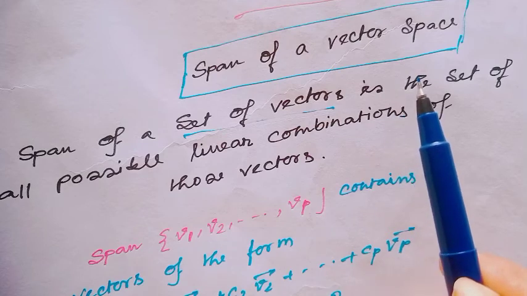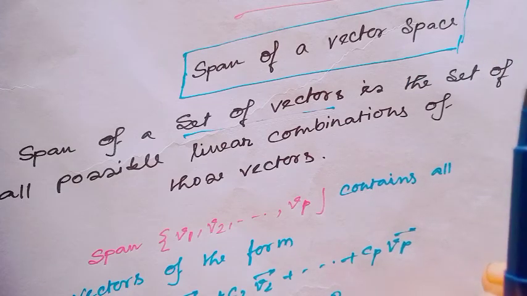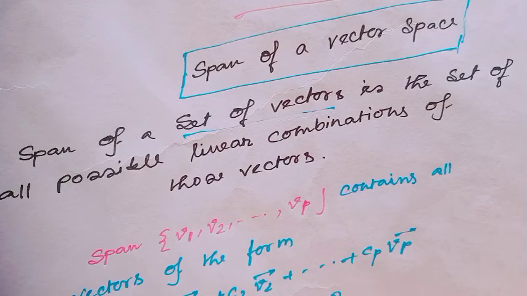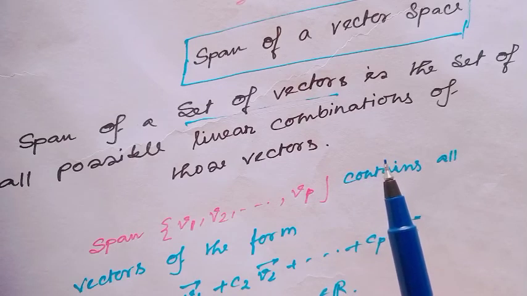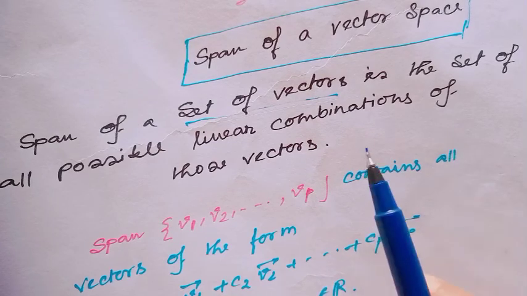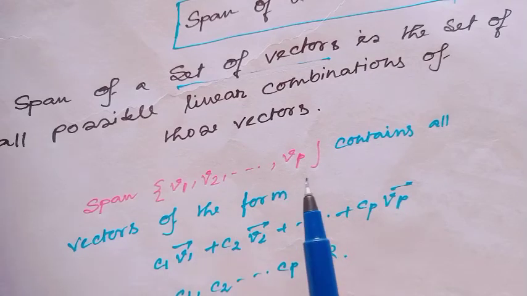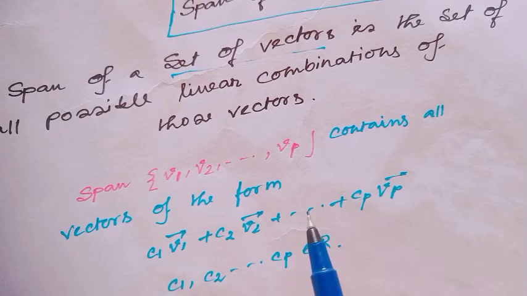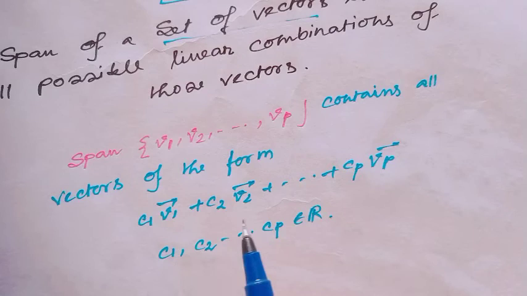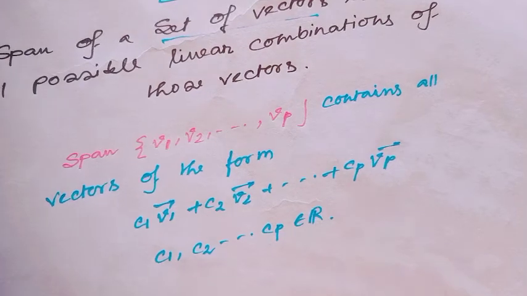This concept is very important for higher study of not only vector spaces but also metric spaces, topological spaces, and all of pure mathematics. Span is the set of vectors which are all possible linear combinations of these vectors. If we consider the span of V1, V2 up to Vp, that means it contains all possible vectors which look like C1 V1 plus C2 V2 up to Cp Vp, where C1, C2, Cp belong to the real numbers.